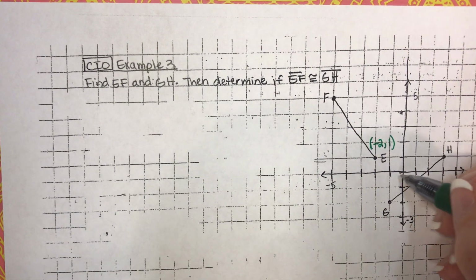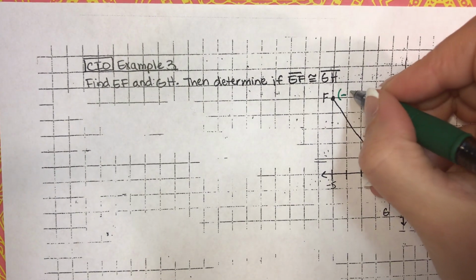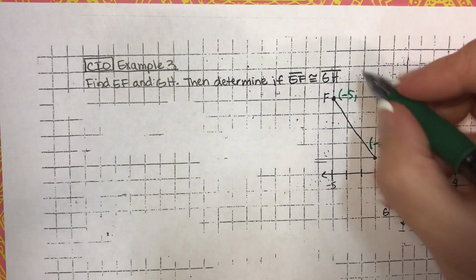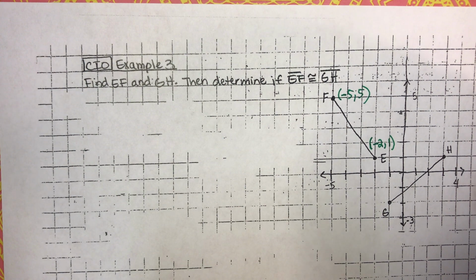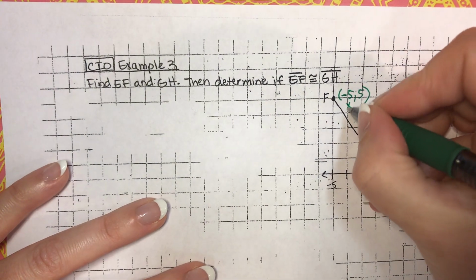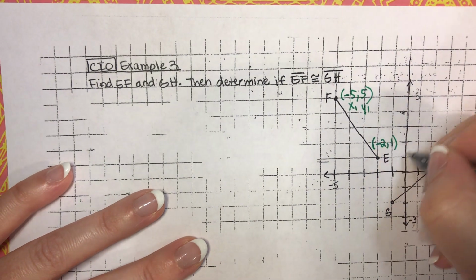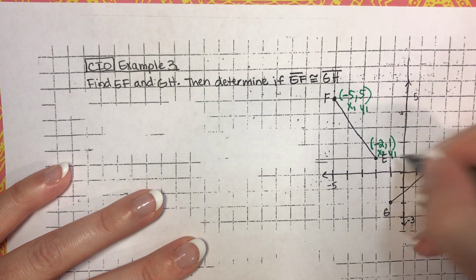And F would be -5, comma, the Y value would be 5. Okay. I'm going to call this my X1 and this my Y1. And I'm going to call this my X2 and my Y2.